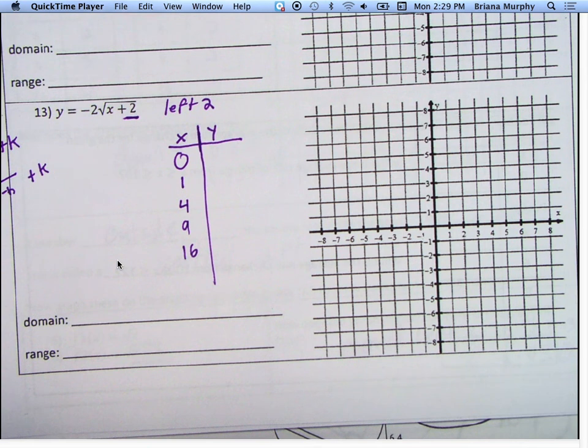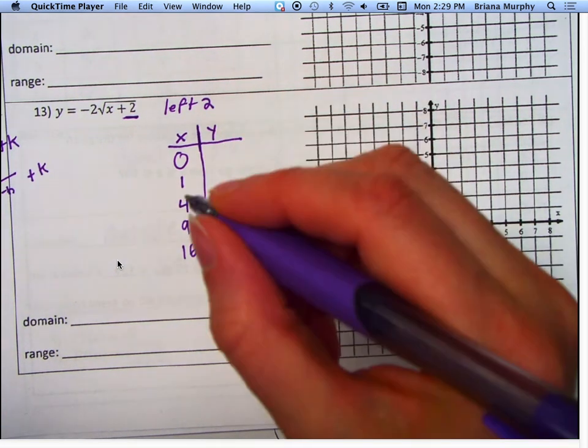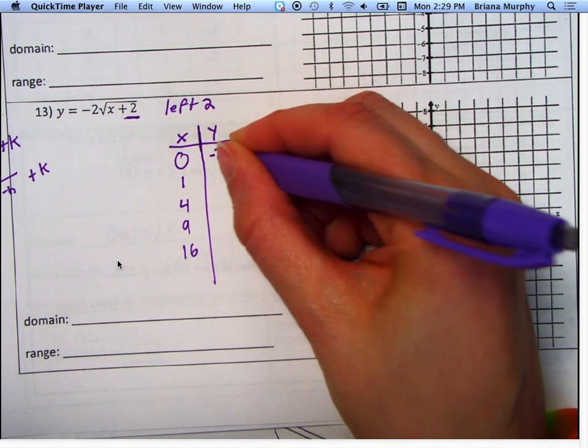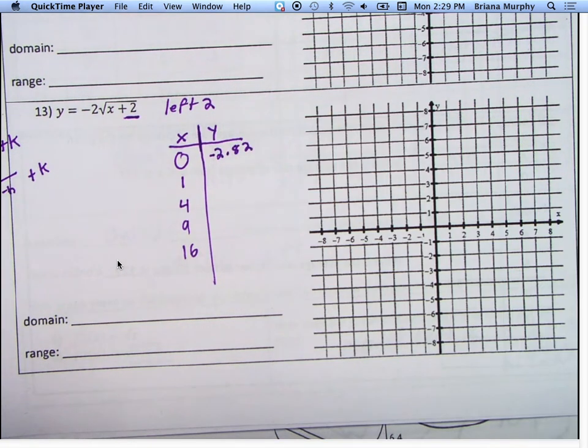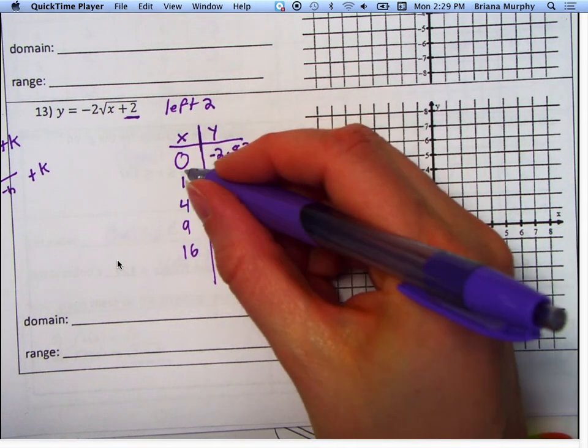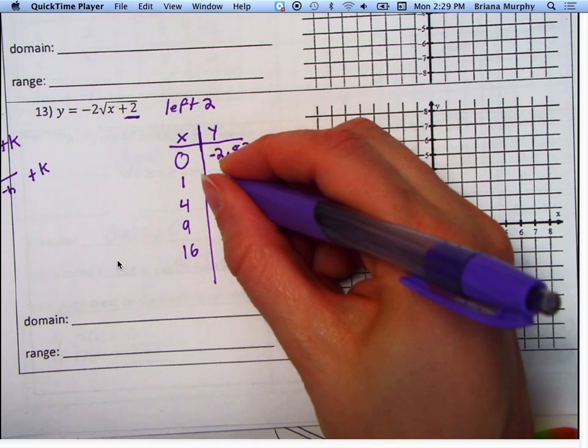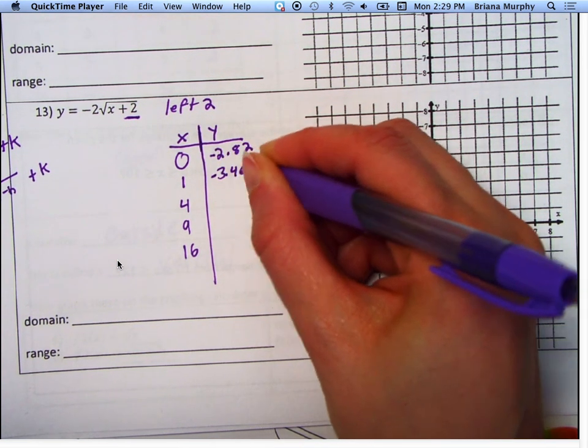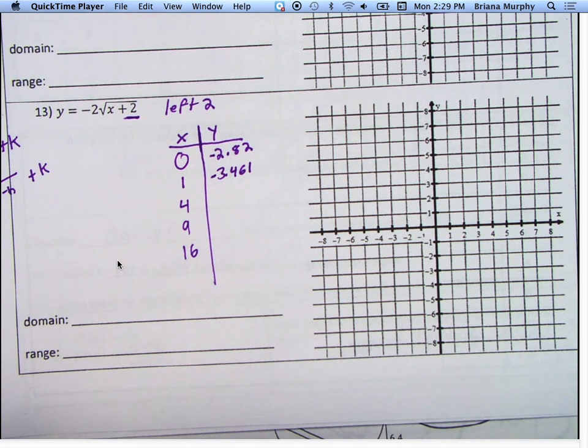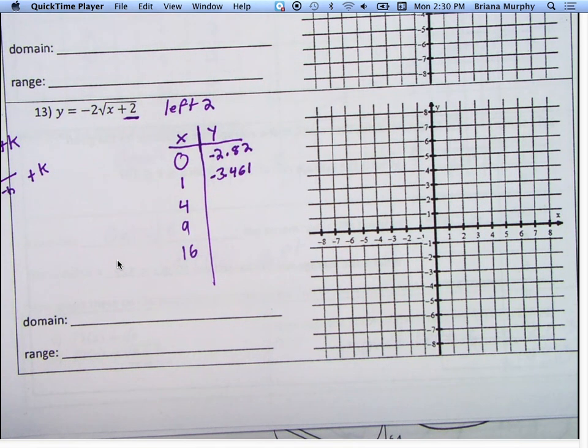Okay, so I'm going to put it in my calculator. -2 square root 0 plus 2, and I get something crazy. I get negative 2.82. Okay, let's try it again, but instead of 0, we're going to place 1. Wait, so we put -2, 1, square root of 1 plus 2? I get negative 3.461. Okay, again, another crazy number. I got 0.4641. You're right.